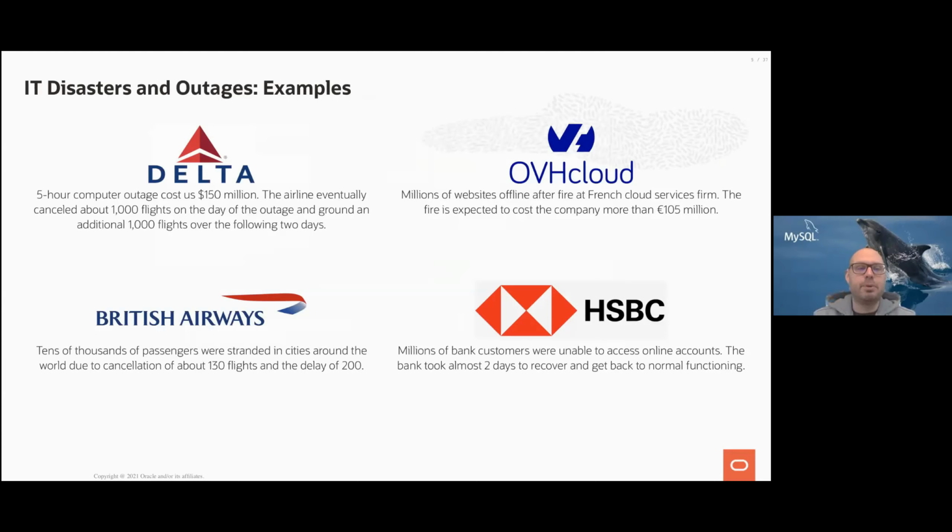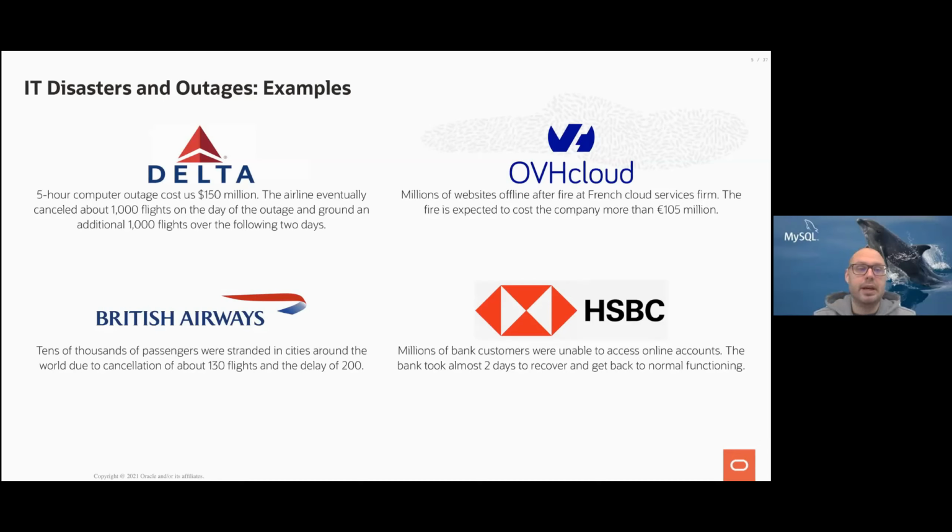Here are some examples: Delta, OVH, AHBC, and British Airways. Fire 0%, while with OVH cloud, remember this was last year, I think, although time, I don't know, 2019 or 2020, one of the cloud's data centers caught fire and had a big impact for a lot of their customers, and that cost quite a lot of money.